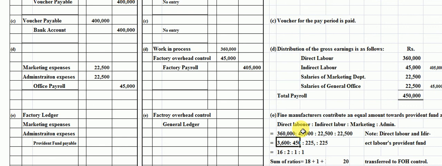This provident fund amount is 45,000 rupees, which is distributed among the separate costs like direct labor, indirect labor, marketing expenses and admin expenses here.